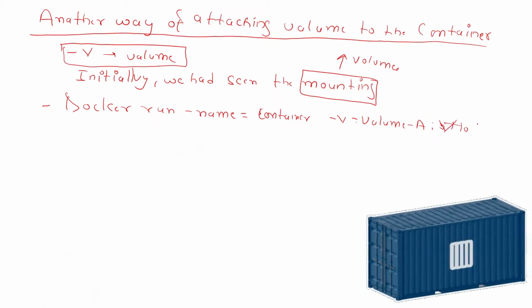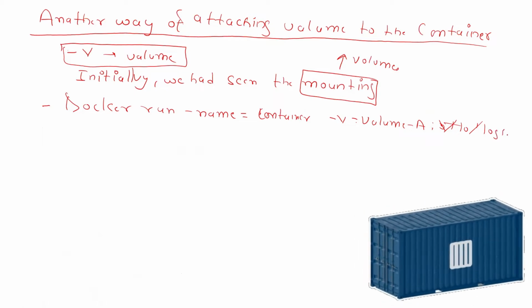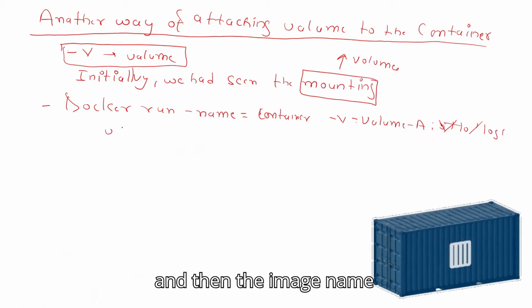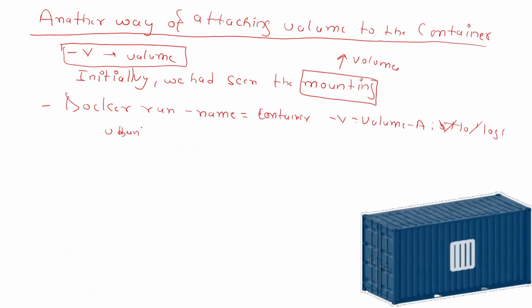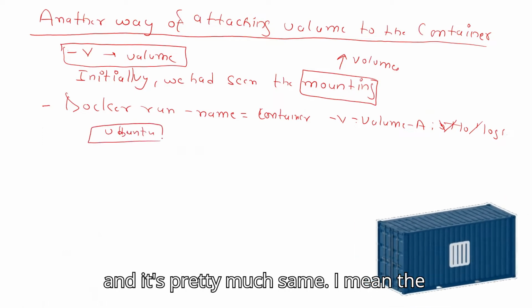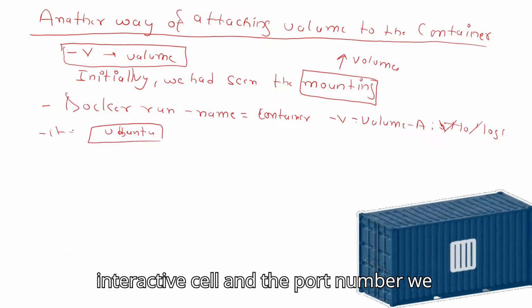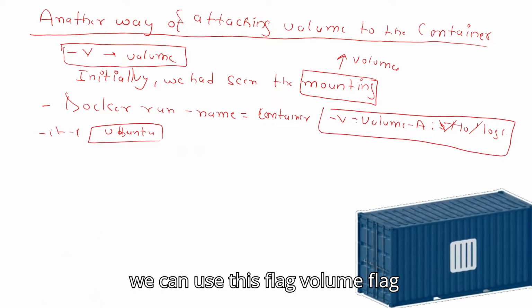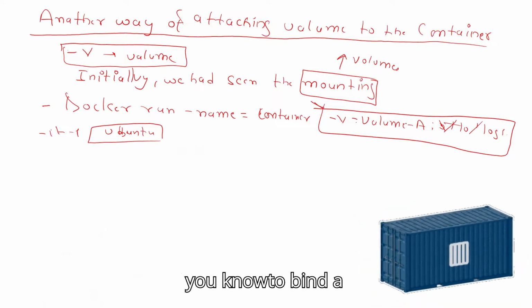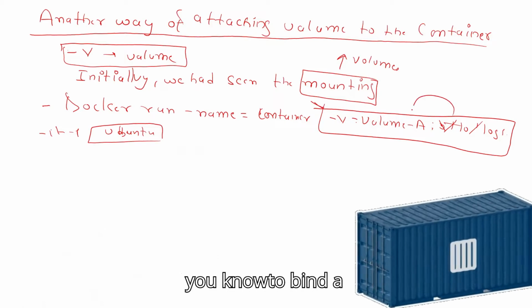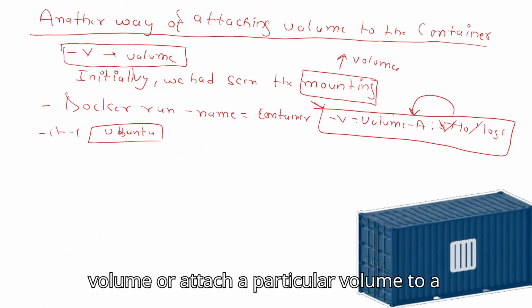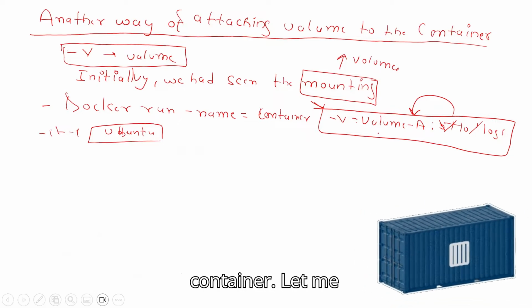So we will say logs, and then the image name. It's pretty much the same, the interactive shell and the port number we will give. Basically the main thing is we can use this volume flag to bind or attach a particular volume to a container.